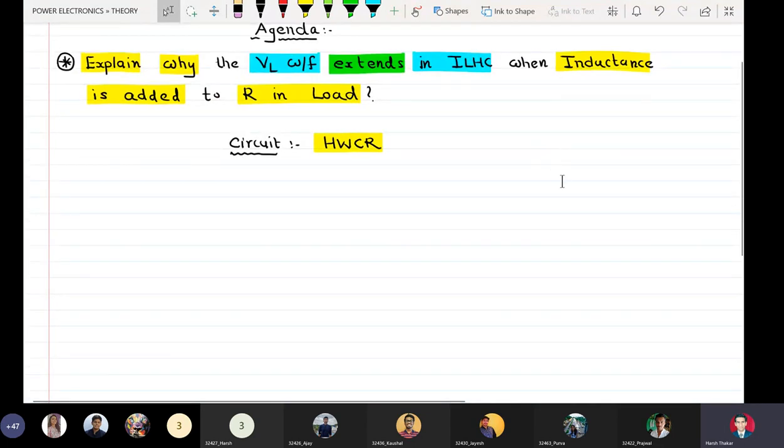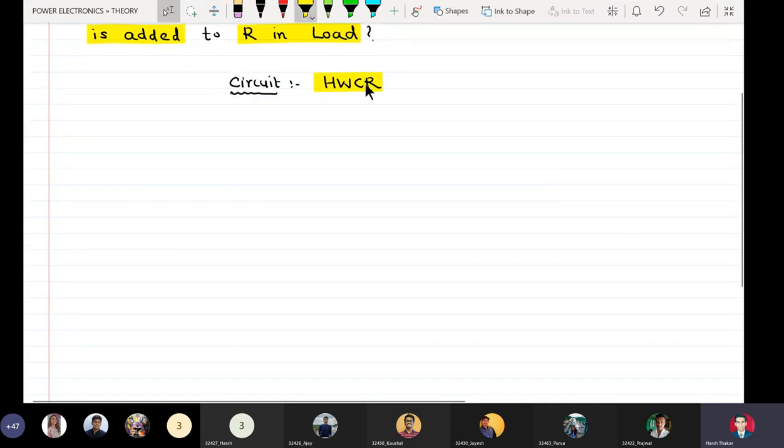Fine. So the circuit under consideration is a half wave control rectifier. First we'll discuss with an uncontrolled rectifier. We can extend that same explanation to the controlled rectifier also. So the circuit under consideration is a half wave uncontrolled rectifier.